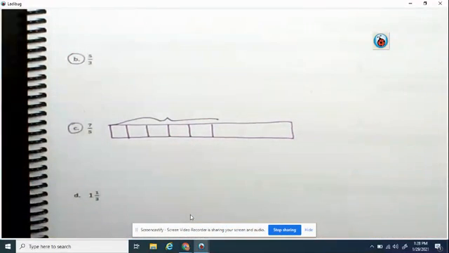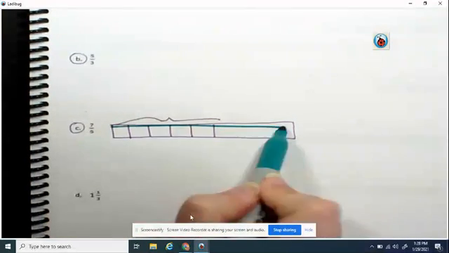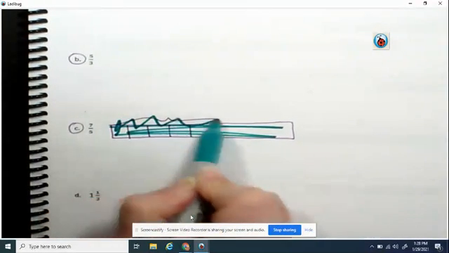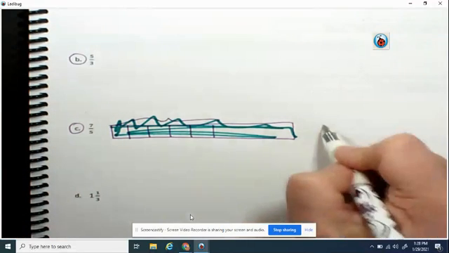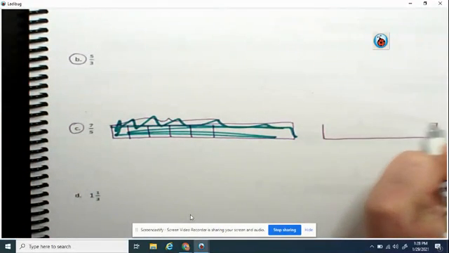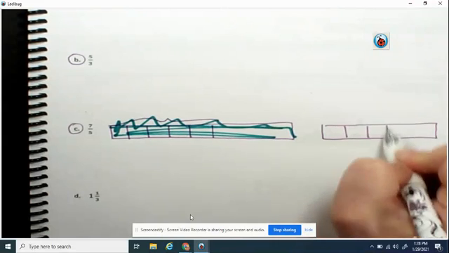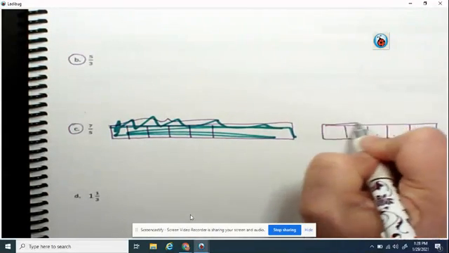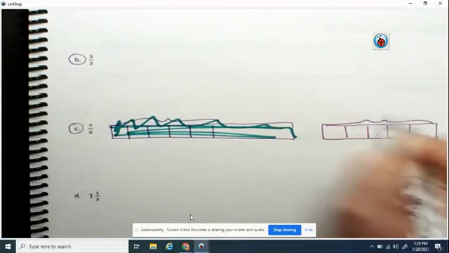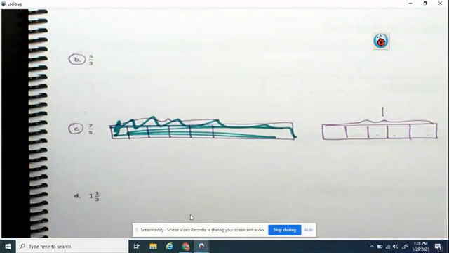Look, we're not even going to look at this one. Just forget this one. I'm going to start again. Forget that one. I made a mess of it. Okay, there's my fifths. 1, 2, 3, 4, 5. Look, and I can't even do that. What's wrong with me? I can't make my bracket either.